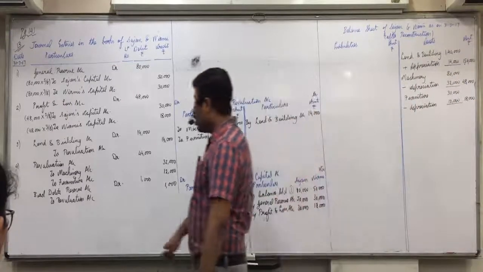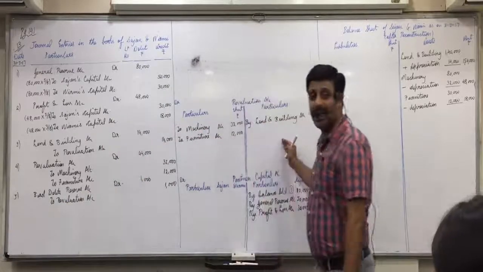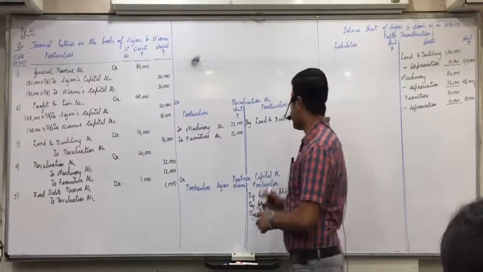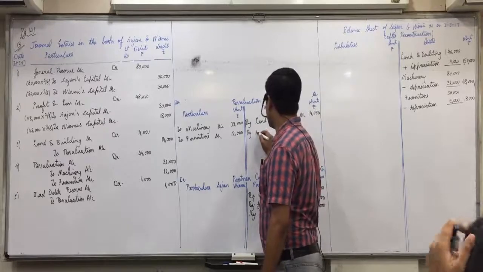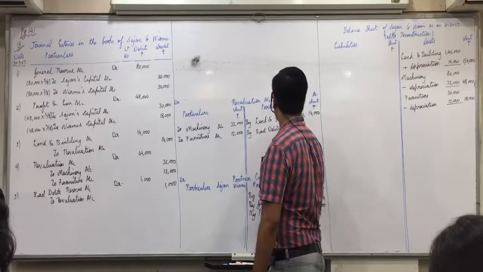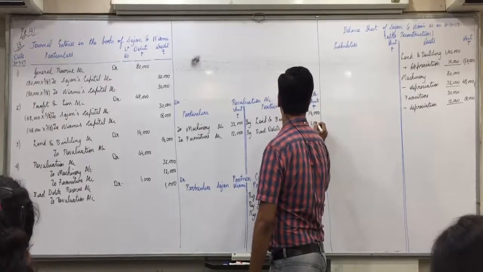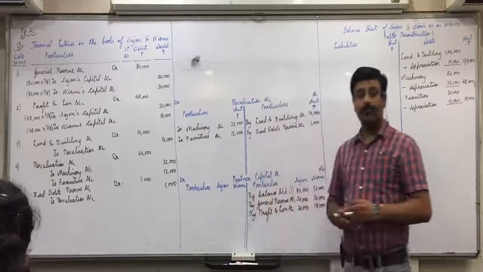Now, to revaluation account, so in revaluation it will come on the credit side. Name of the opposite account, by bad debt reserve account, 1,000. Understood that?